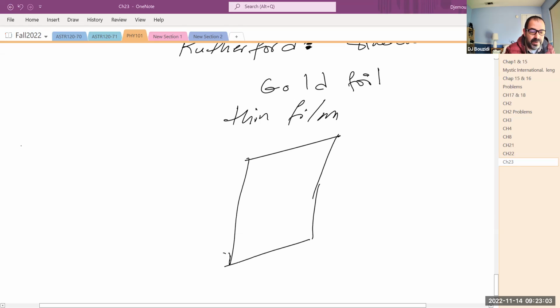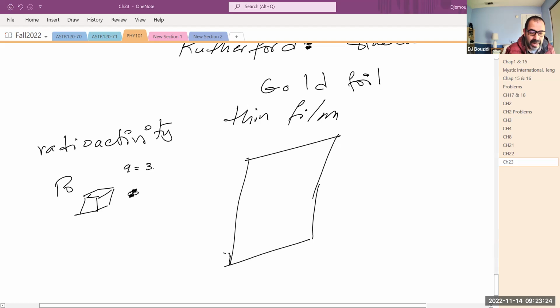And at that time, radioactivity was just discovered. One of the radioactive elements is polonium. Polonium produces charged particles that are known to have a charge equal to twice that of the electron.